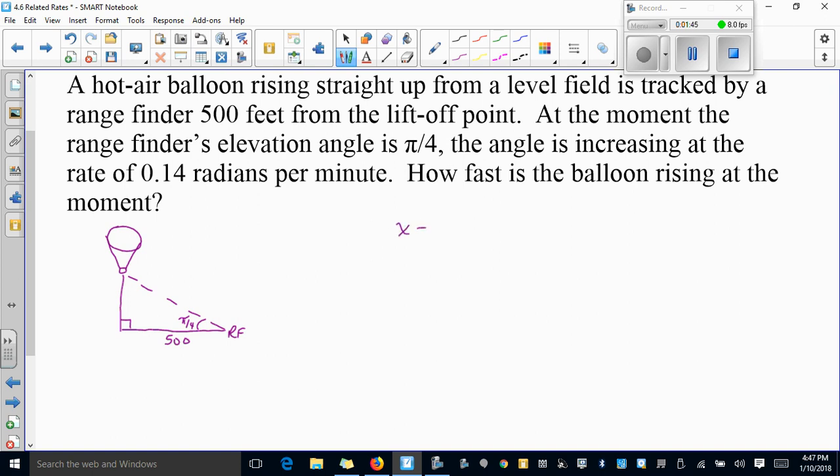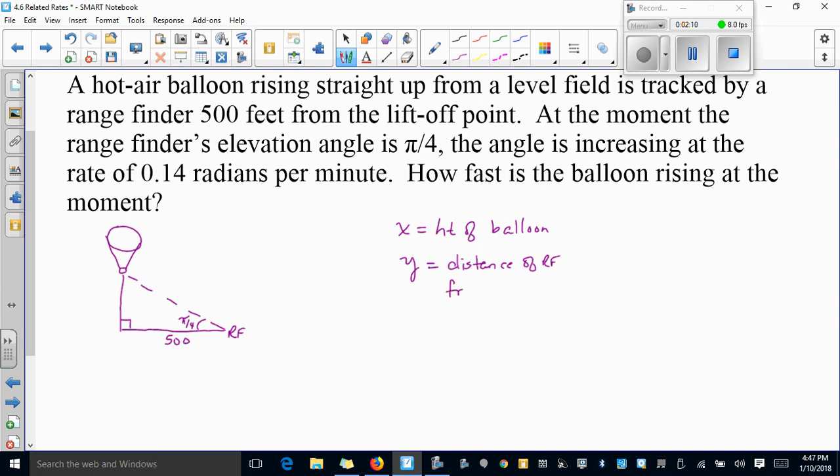Yep, rangefinder, from the liftoff point. And then theta is your angle of elevation.